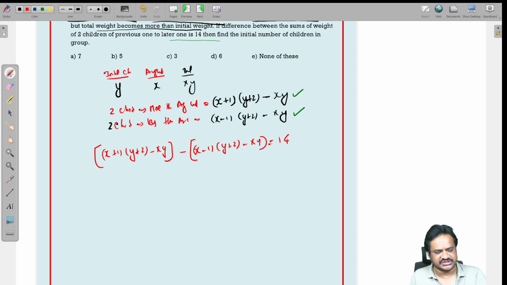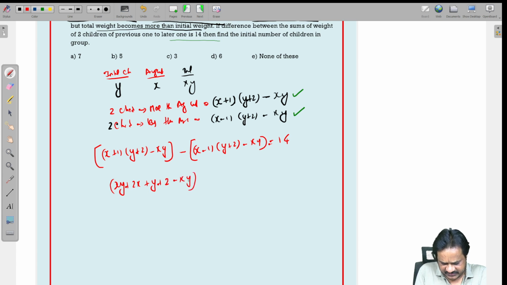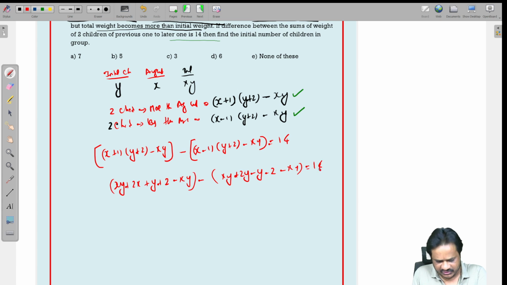This value is given 14. Okay, you have to solve this one. See, xy plus 2x plus y plus 2 minus xy minus of xy plus 2y minus x minus y minus 2 minus xy is equal to 14.